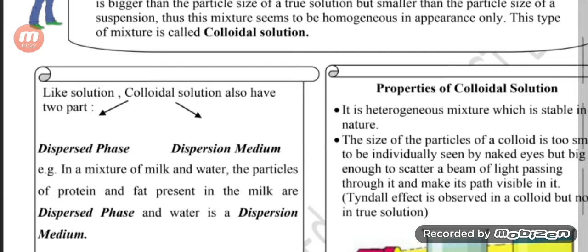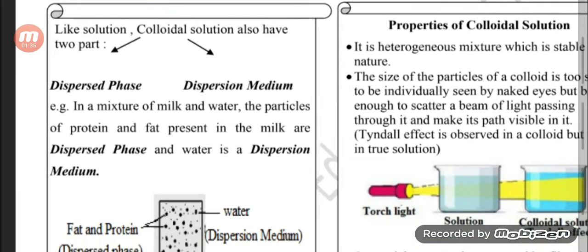Like a solution, in the last worksheet we discussed there are two components of a solution, solute and solvent, and also there are two components of a colloidal solution, that is dispersed phase and dispersion medium.